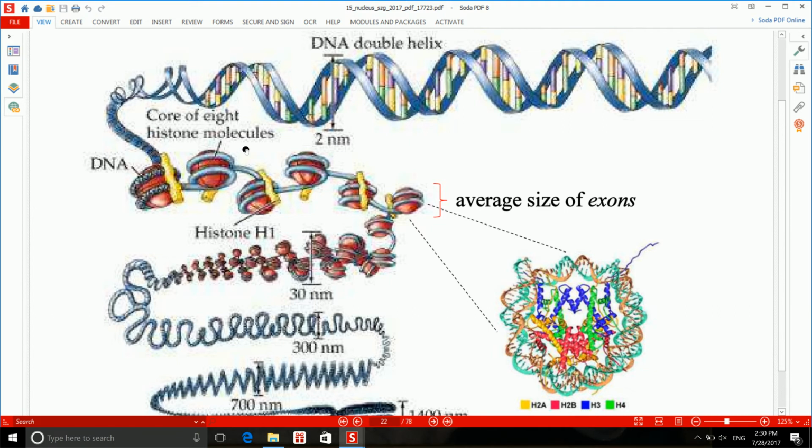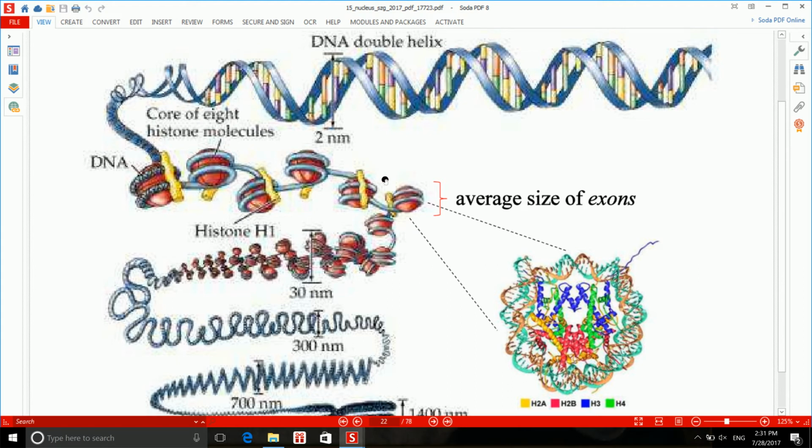And these structures, the DNA with the histone proteins together, are called nucleosomes, and that will cause further condensation of DNA.